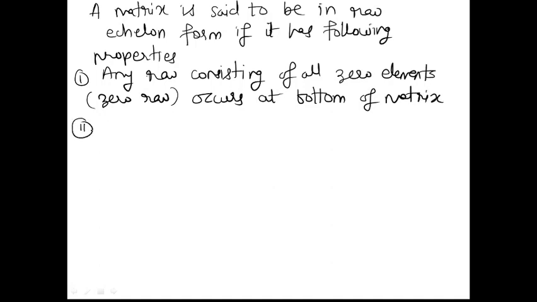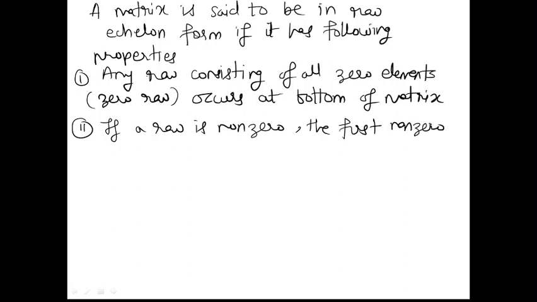Then what is the second condition? If a row is a non-zero row, meaning at least one element is non-zero, then the first non-zero entry of that row is 1, which we call a leading one.